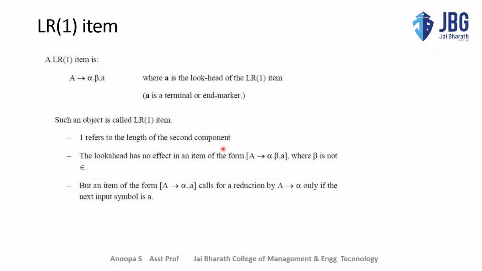But in the case of CLR, we will add this reduction only to the terminals in the lookahead part. That is the main difference. You will get a clear idea when you solve an example.